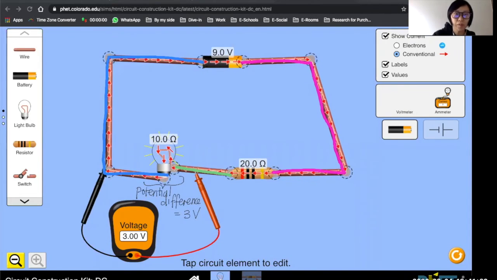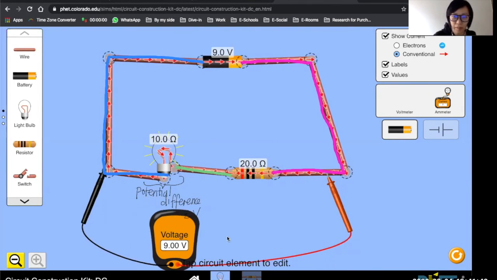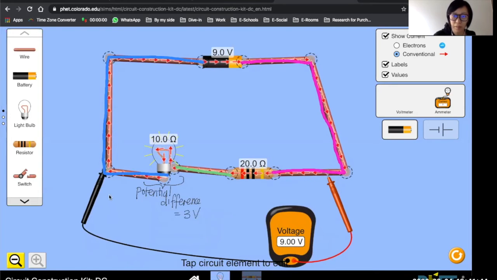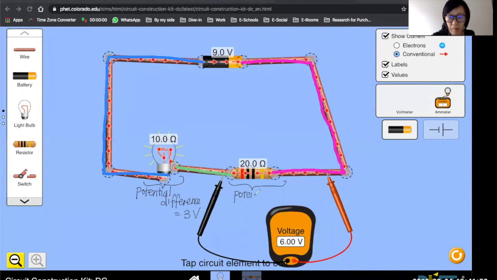And I'm going to put my voltmeter across the resistor here. All right, so my potential difference here is 6 volts.